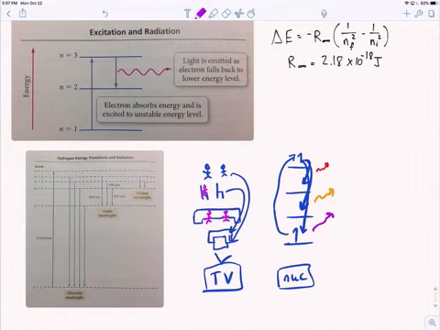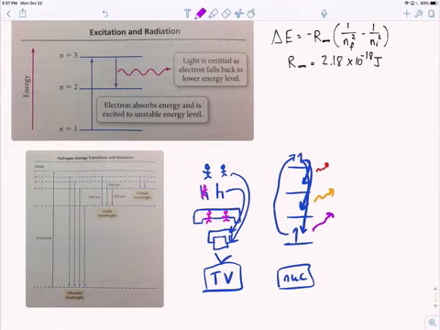Hydrogen-like means one electron, so you can have something like uranium plus 91, for instance: one electron and then a plus 92 center. So uranium plus 91 would be a hydrogen-like atom. The electron can jump up by excitation, and then when it comes back down in levels, it'll emit radiation.